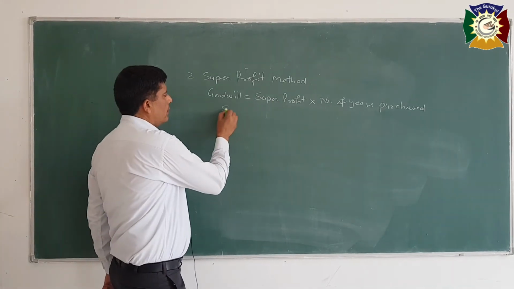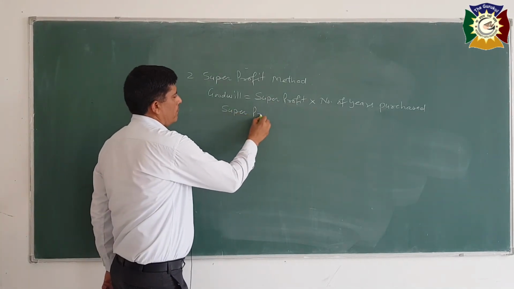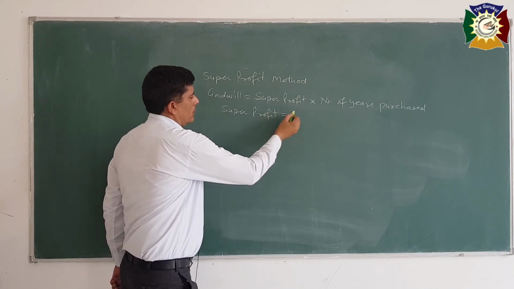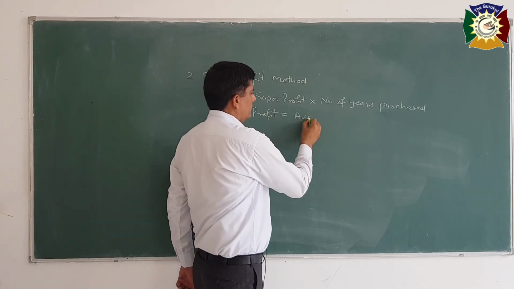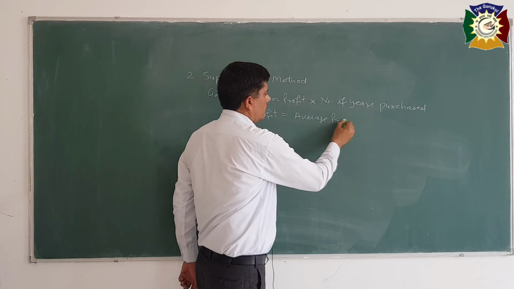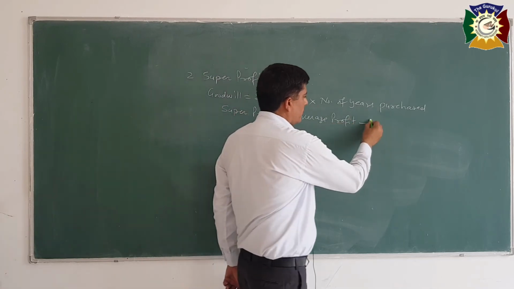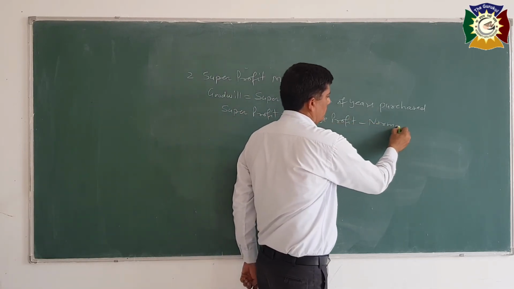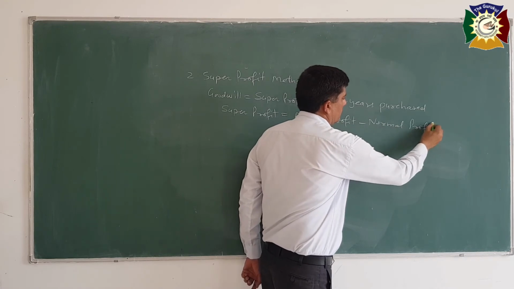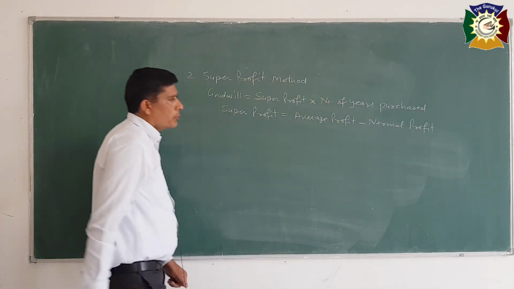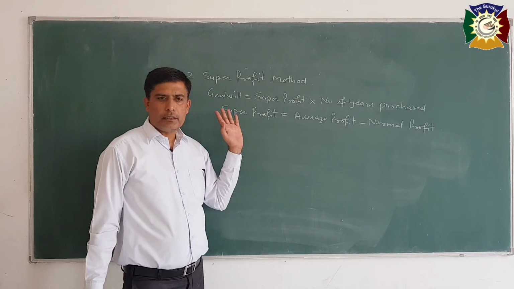And super profit will be average profit minus normal profit. So average profit you will calculate as in the first method.